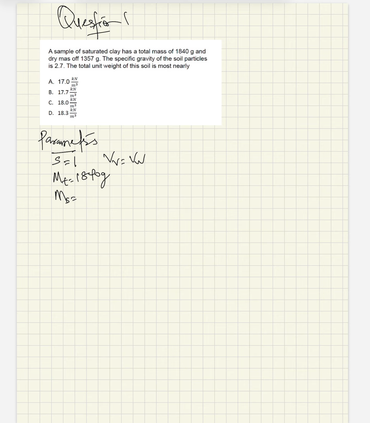The difference between the total mass and the mass of solid gives us the mass of water: 1840 minus 1357. So now that gives us the mass of water, which is 483 grams.